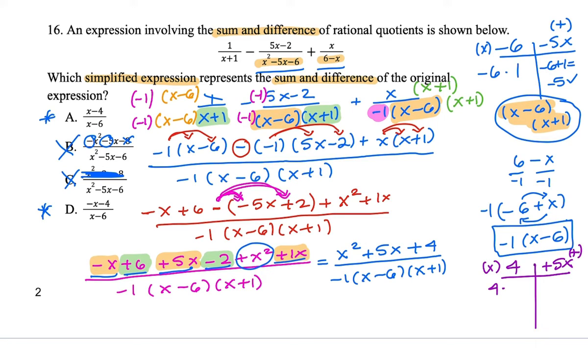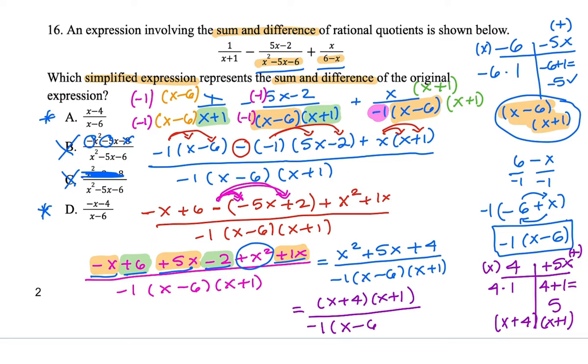So that means 4 times 1 gives me 4, but 4 plus 1 equals 5. So that means that my numerator is going to be the factor of x plus 4 times x plus 1. So if I rewrite it, I'm going to have x plus 4 times x plus 1 divided by my denominator of negative 1, x minus 6, x plus 1.